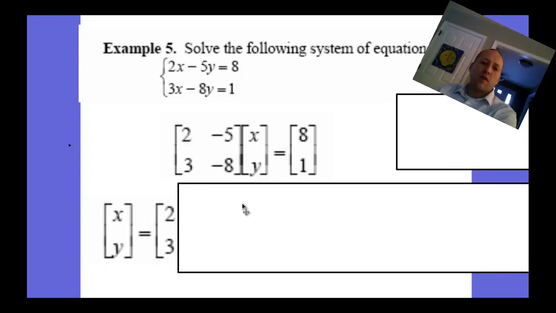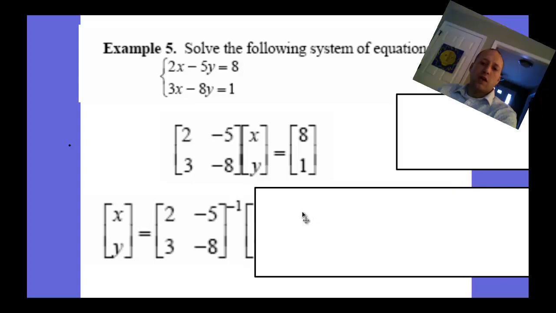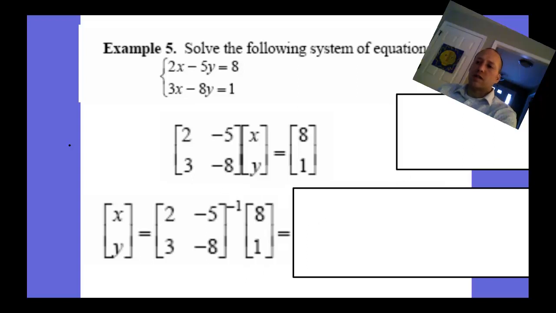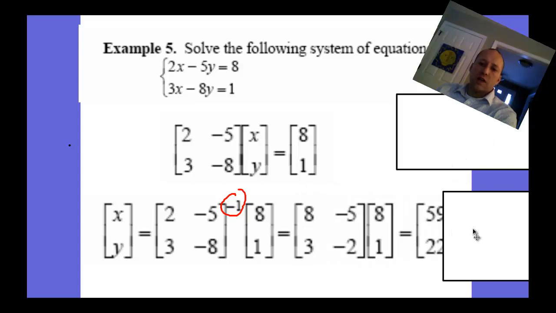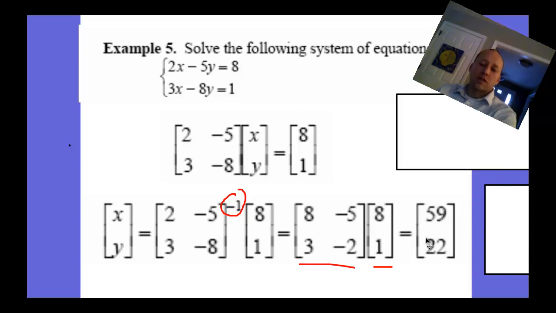So to solve that, to find x, y, we're going to take the inverse, that's the negative 1, times 8, 1. So you can kind of see the notation that the book is using here. Here's your inverse function, so the inverse of this matrix times the matrix 8, 1. If you do that, here's the inverse they got, times the 8, 1, and then here's the results.